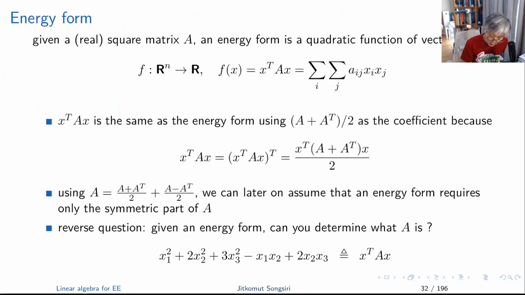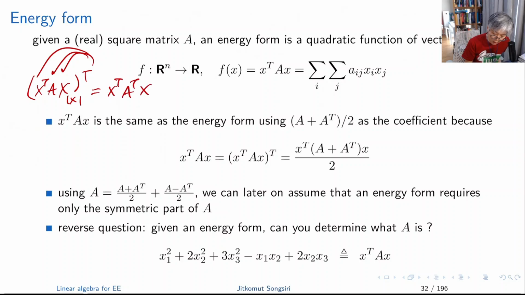Now I would like you to take a look at this: this is 1 by 1, right? So if we take the transpose of a scalar, 1 by 1, by the transpose operation it's going to be x transpose A transpose x. When you have 3 terms in a multiplication and transpose it, you have to transpose the last term first: transpose of x, transpose of A, and transpose of x transpose.